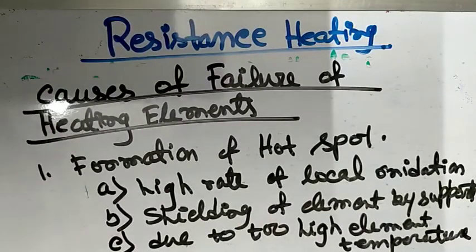Due to too high an element temperature, insufficient support for the element, or the selection of wrong material, sagging and warping of the element may result, and this sagging and warping may cause uneven spacing of sections and thereby produce hot spots where sections are closer together, or even there may be actual shorting of adjacent sections of an element.